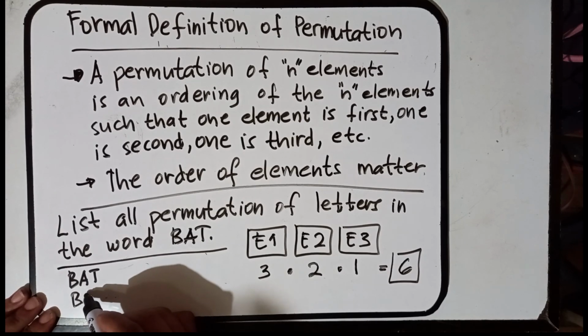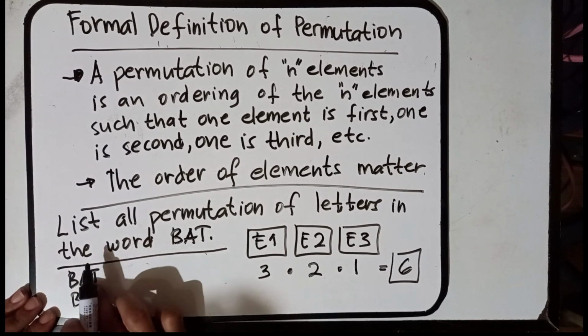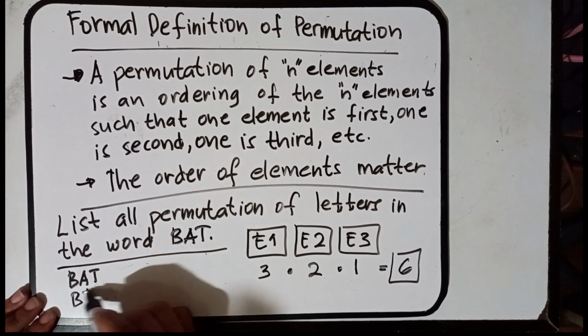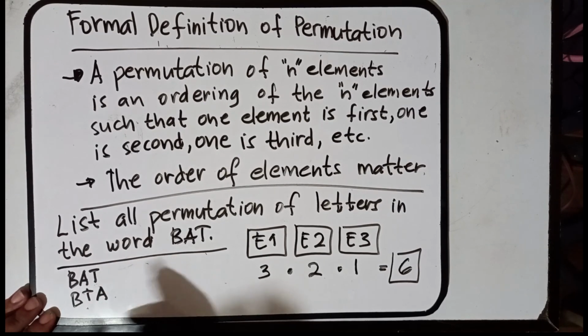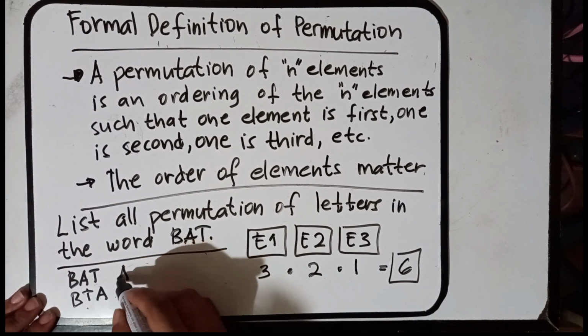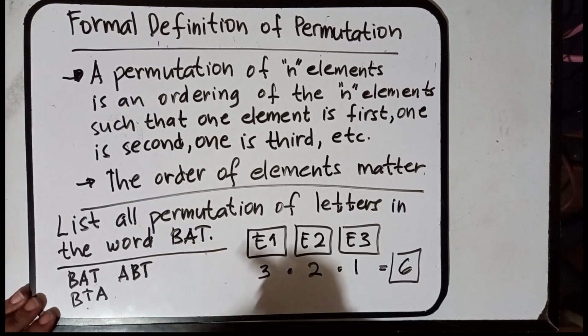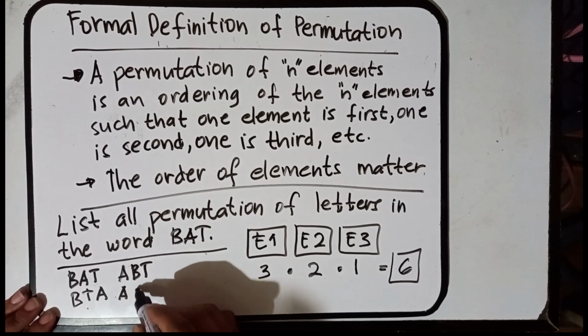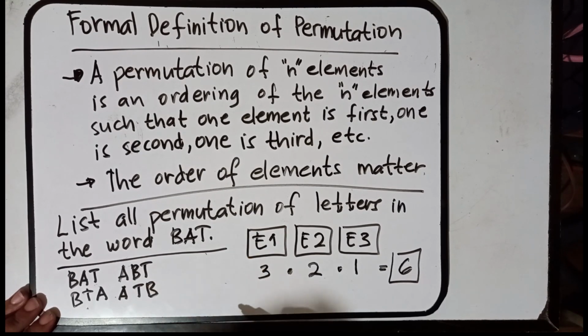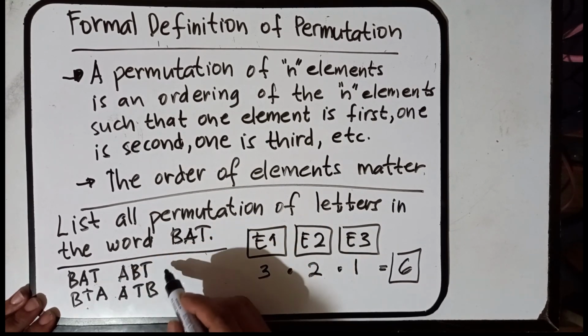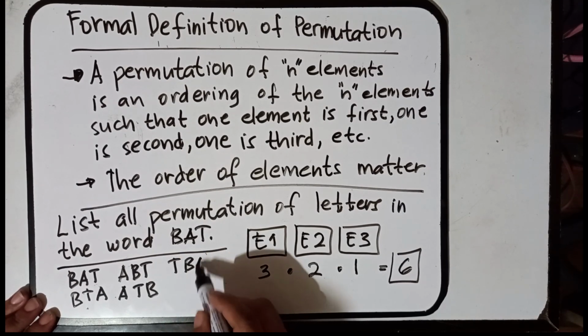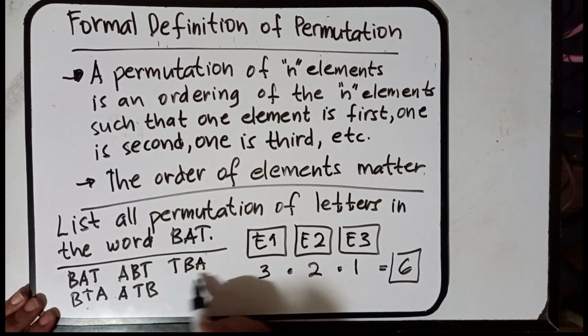So the first order is BAT, and then the second order is BTA, then followed by ABT and ATB. Then the last two orders would be TBA and TAB.